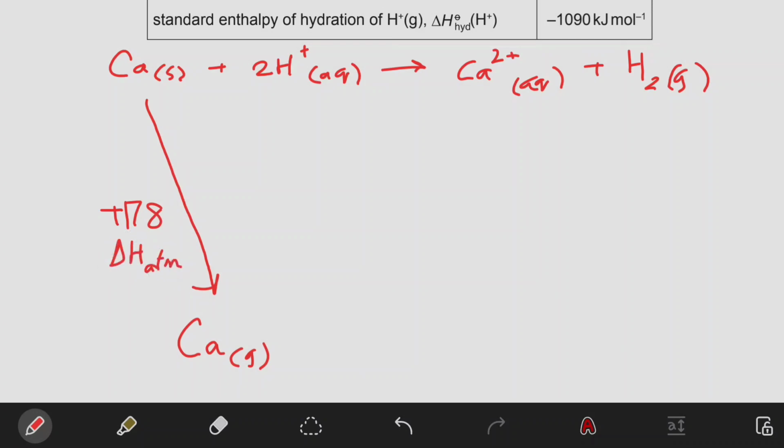Okay, now what do you think you need to do? Now we need to write down its ionization energy to convert it into calcium 2 plus gaseous, right? So let's do that.